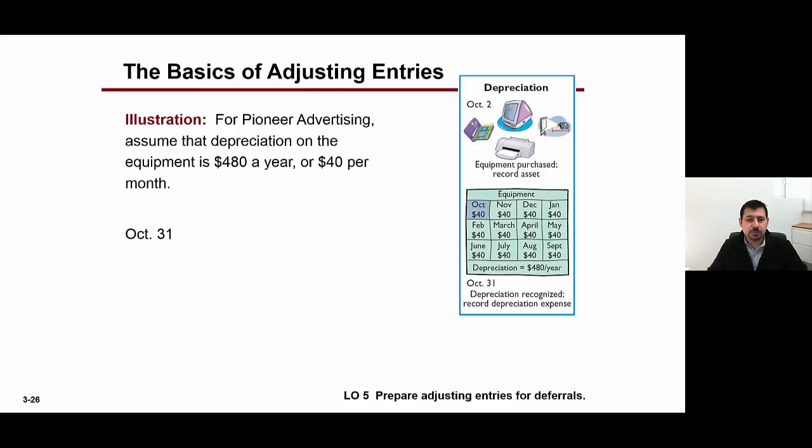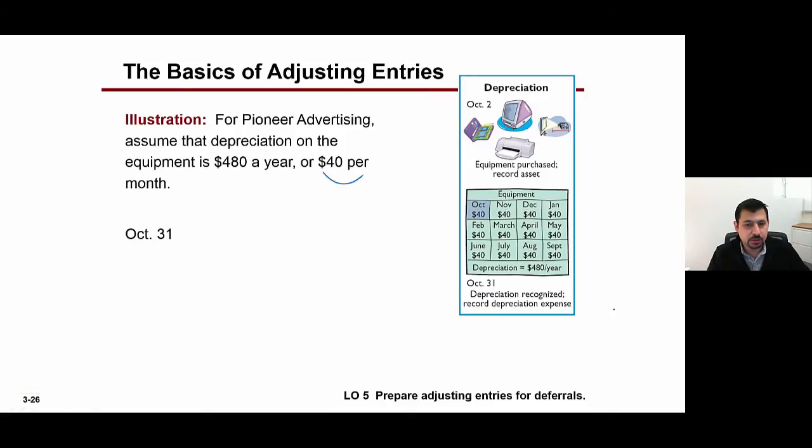Let's take here the example of depreciating equipment. So originally, this here, it's $480 per year or $40 per month.